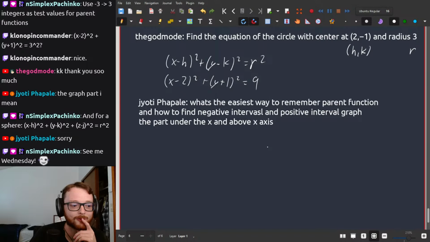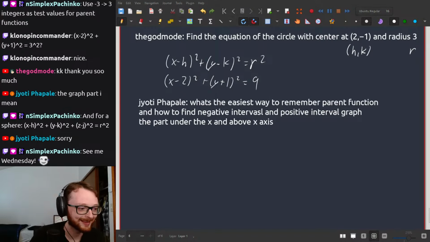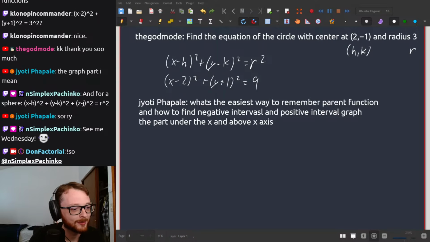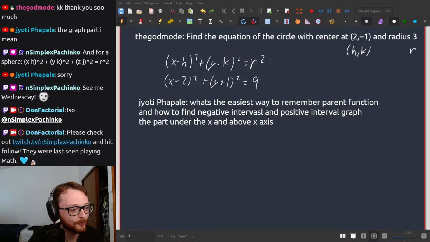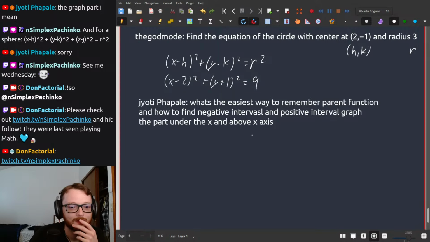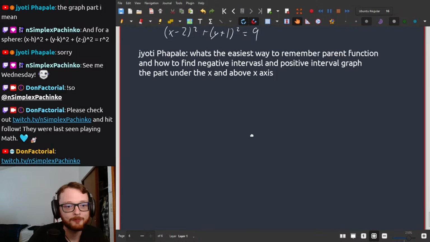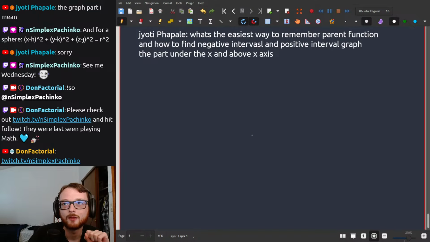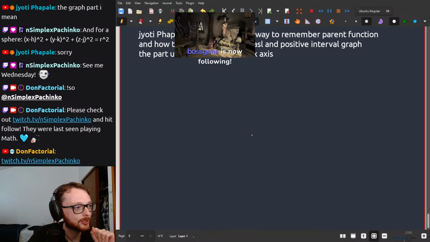Honestly, if you're open to it, swing over to Twitch, and Simplex Pachinko has explained this many times and would be able to do it very well. But I'll give it my best shot here. So if you have, I think this will be simplest if we take an actual example.